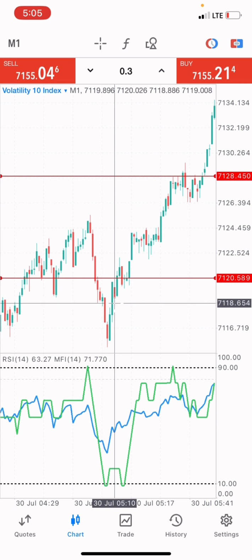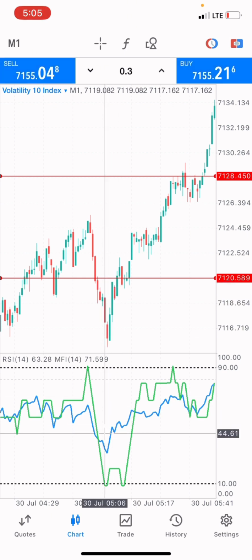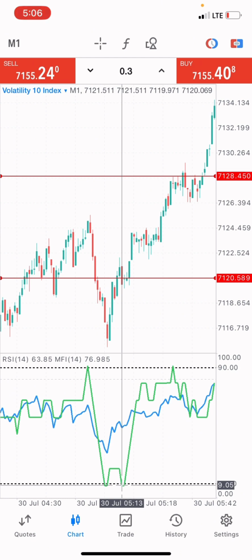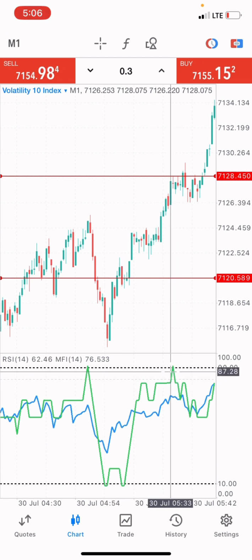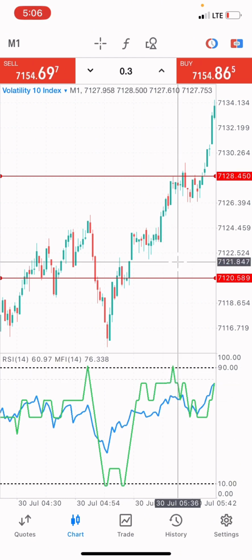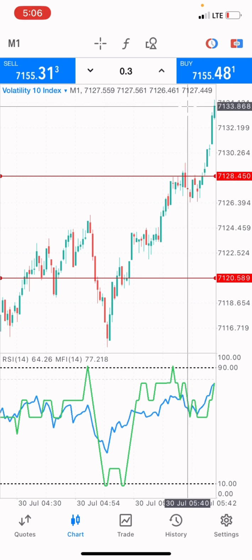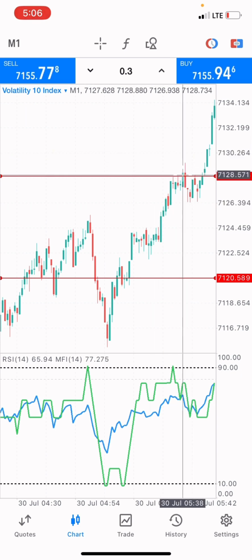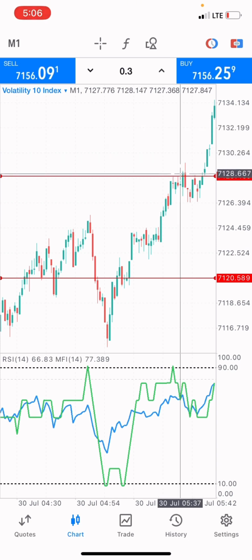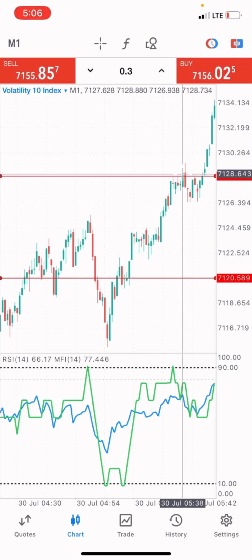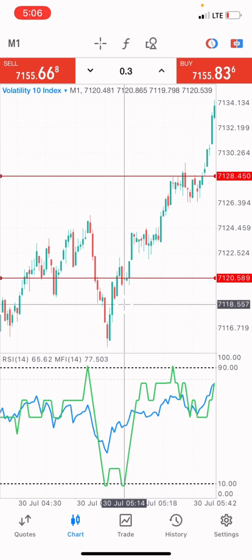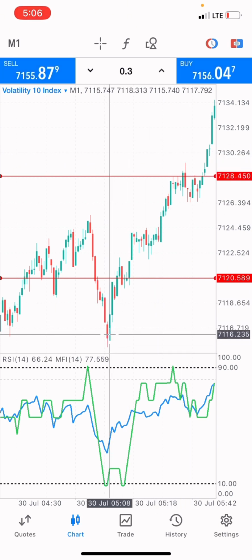You take a buy when it crosses level 10, and when the MFI crosses level 90 at the resistance, above this line, you take a sell. That's when you can get your red candles, and at the bottom you get your green candles. So I hope this strategy is clear to you guys.